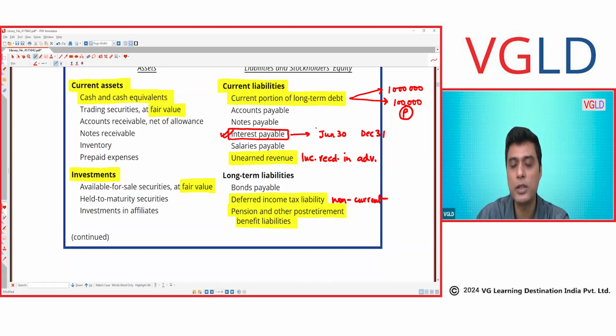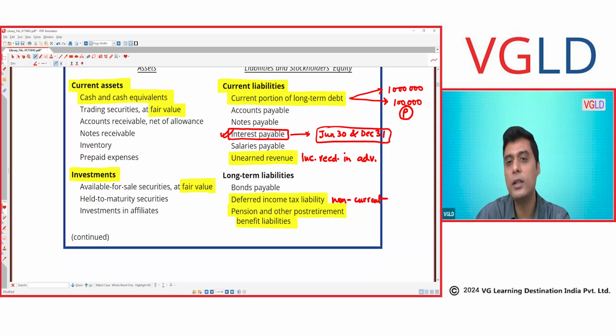You will not challenge the question. But normally, if the question is silent, interest is payable twice a year in the US, June and December. Dates can be different, it could be April and September, but it's twice a year.